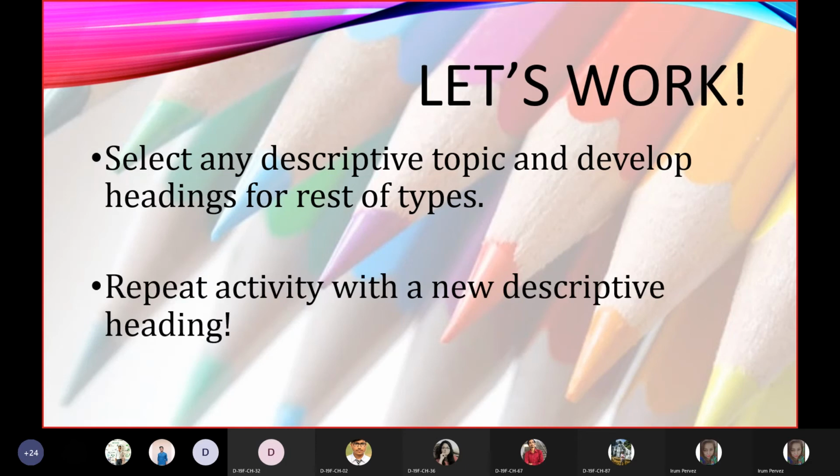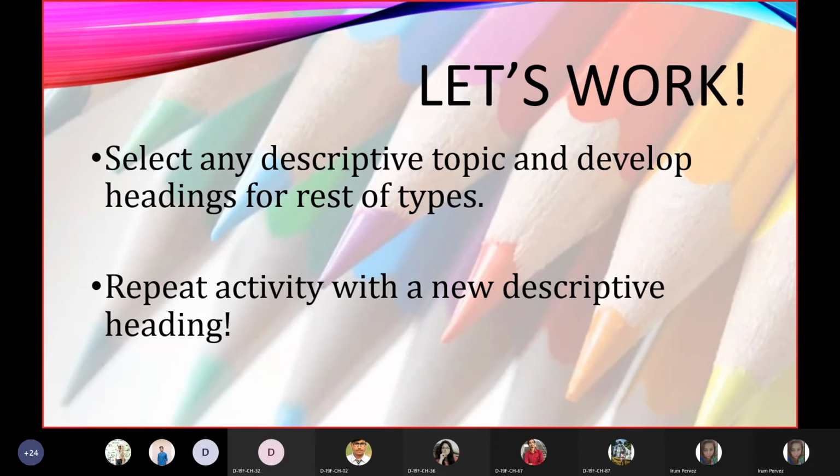All right, this says repeat the activity with a new descriptive heading. Now choose another descriptive heading and then, in the same way I have explained, do it. This time there shouldn't be any mistake, right? Write one: descriptive and then your heading. Write two: sequence, then your heading.